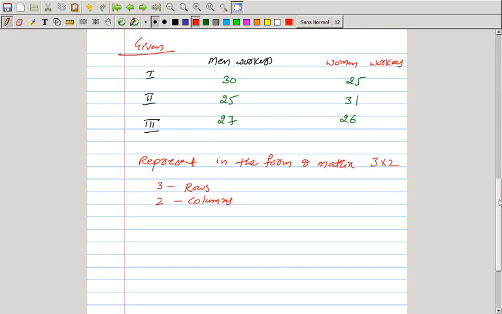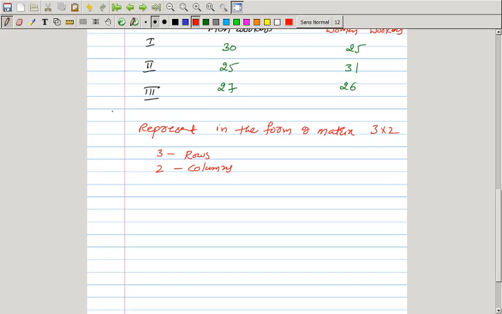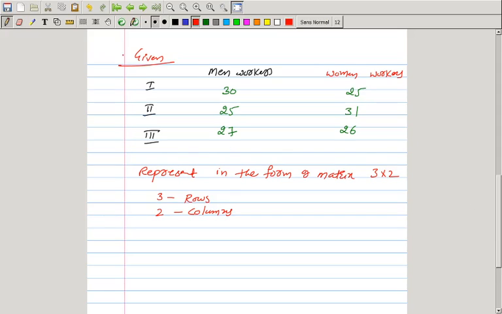All right. So I'll get 3 rows if I write the factories here, and the number of men and women workers here, right?